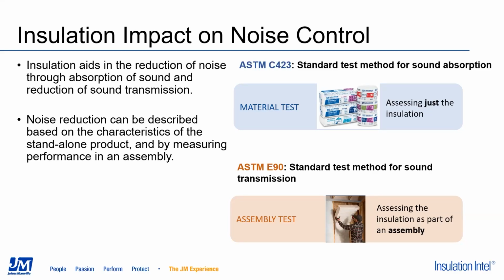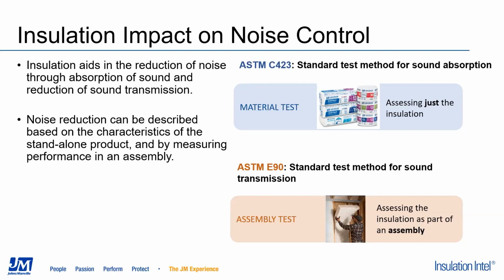When we're trying to assess the performance of insulation, it's critical, and I'm re-emphasizing a point Chris made, that when we're talking about insulation as a standalone product and measuring its performance from the standpoint of sound absorption, we'll use an ASTM C423 test. That's a test method where we're essentially quantifying the amount of sound that's absorbed by a single material in a reverberation room.